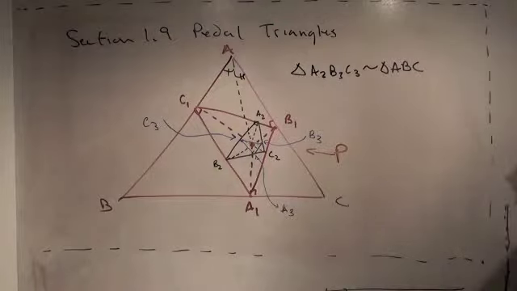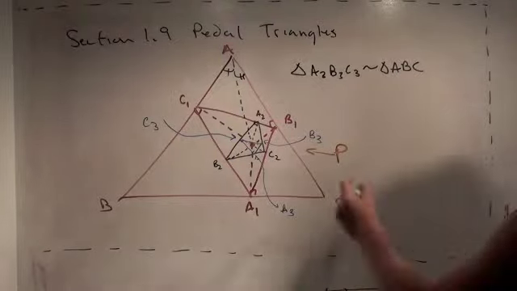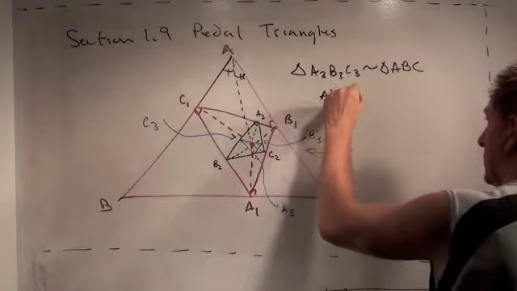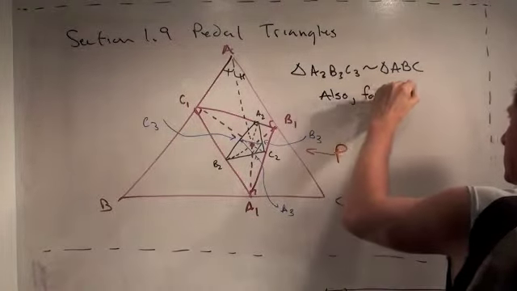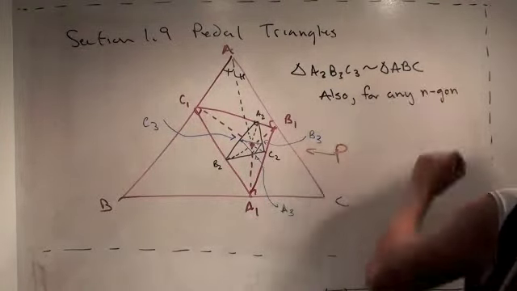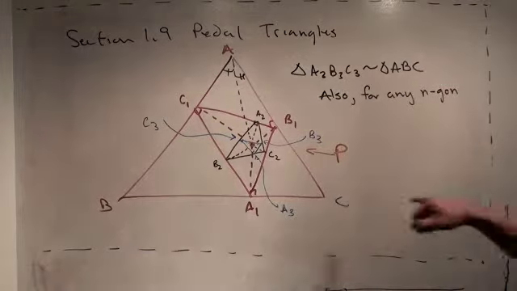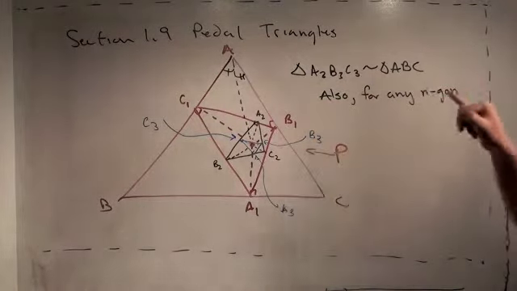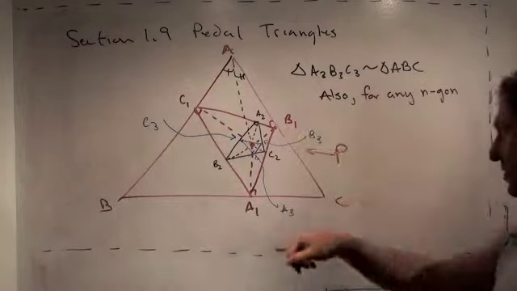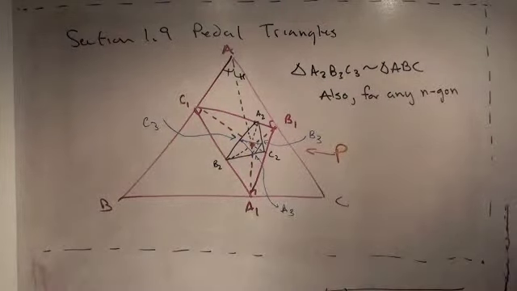They mention a very neat formula that for any n-gon, so a triangle is a 3-gon. If you draw 10 points and connect them, that's called a 10-gon.